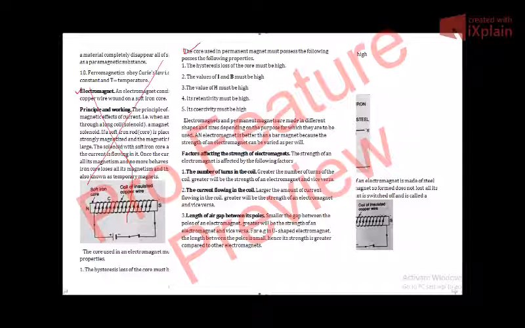Now, factors affecting the strength of electromagnets. The strength of an electromagnet is affected by the following factors. Number one, the number of turns in the coil.